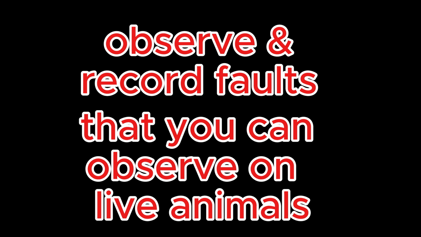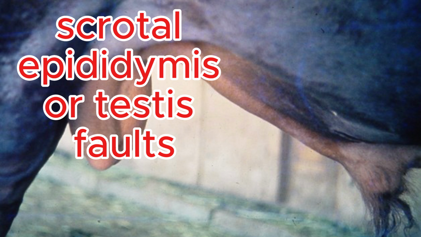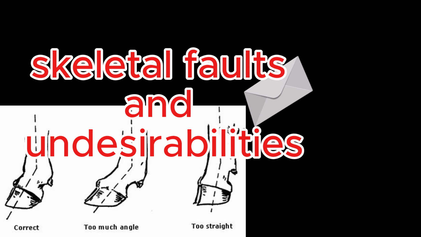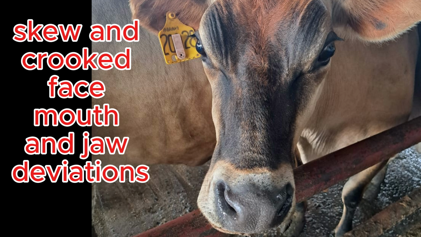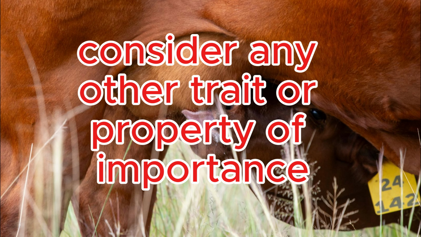Another consideration is to observe faults, especially those faults that you can observe on the live animal, such as eye and teeth deviations, scrotal, epididymis or testis faults, undesirable sheaths and navel skins, skeletal faults and undesirabilities such as hoof and leg faults, influencing walking and serving ability, skew and crooked face, mouth and jaw deviations that will influence grazing ability, and lack of skin pigmentation. And then lastly, to consider any other trait or property of biological, economical importance that's not recorded properly and can only be observed.